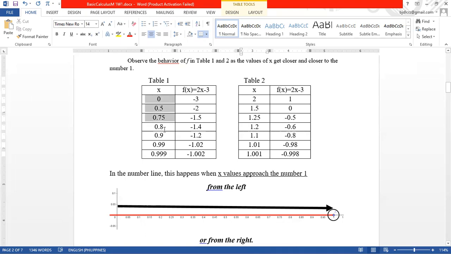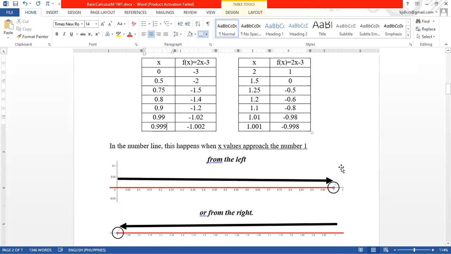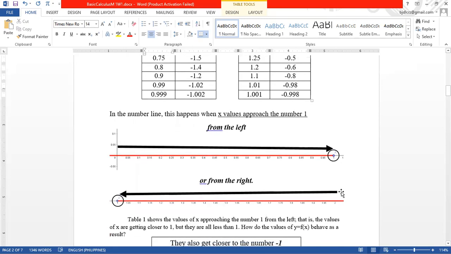Nagkadako, pero wala gid siya nag exactly 1. Pa-approach lang siya. So from left to right. Kanina pod from right to left. So from the right, paingon na siya sa 1, pero wala gid siya nag-equal to 1.